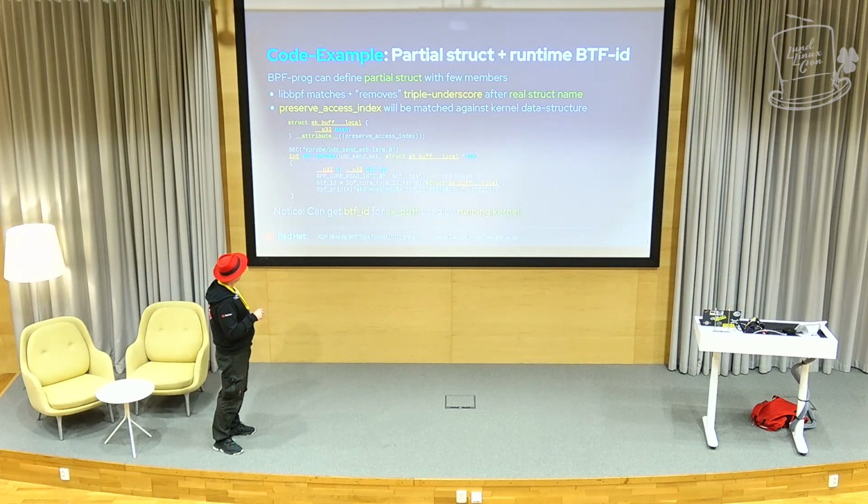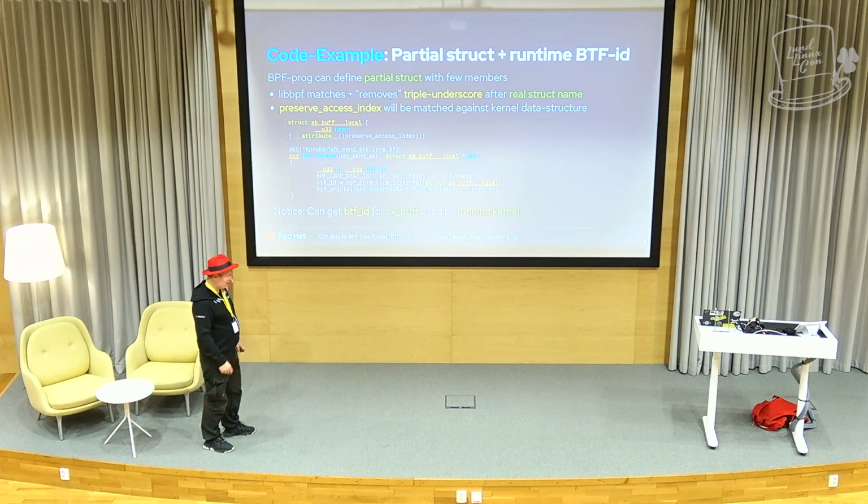I also added that you can ask for the type or the type ID, which you can also dump from user space and see. You can ask for that in the BPF program itself, so it can know its own ID. I'm going to use that later for some tricks. And here I'm just printing it out via the trace buffer.